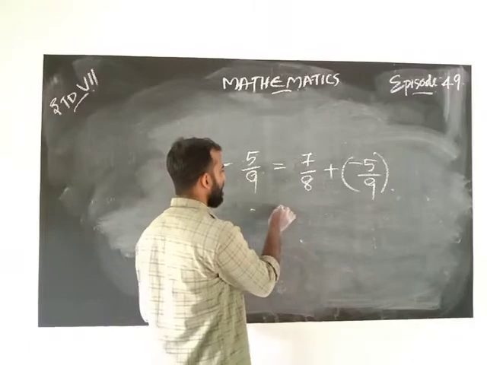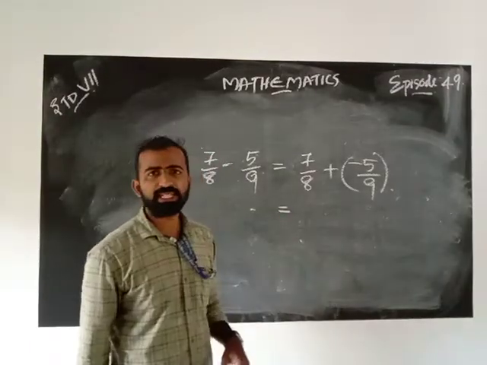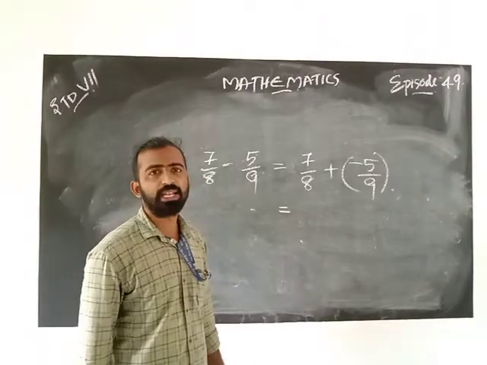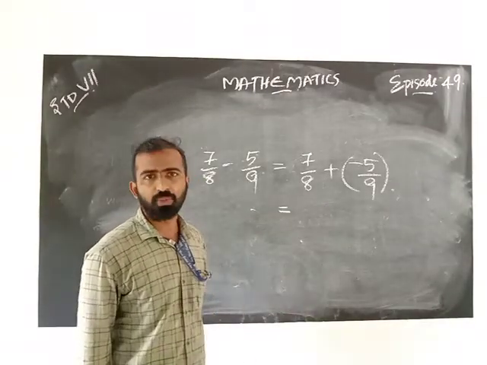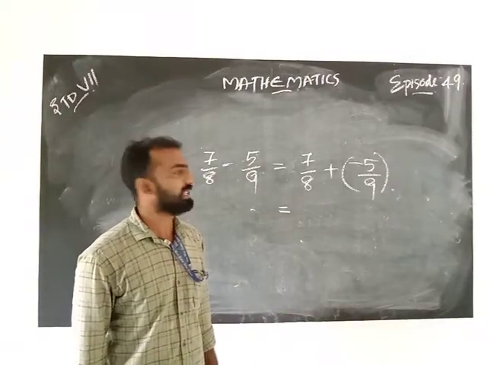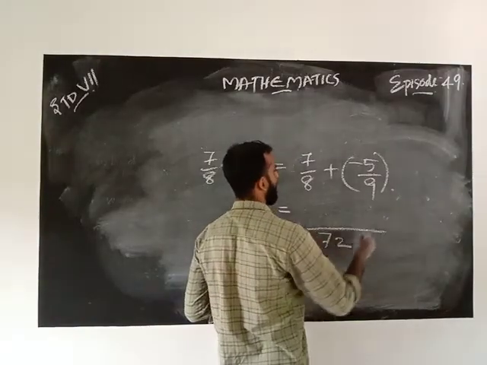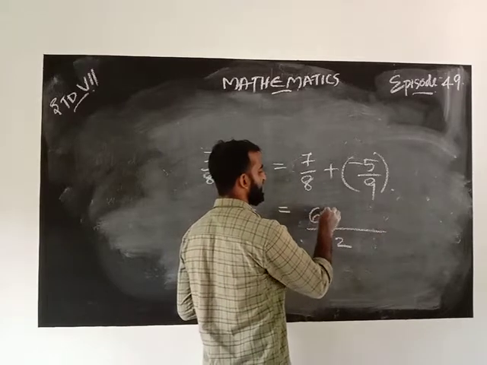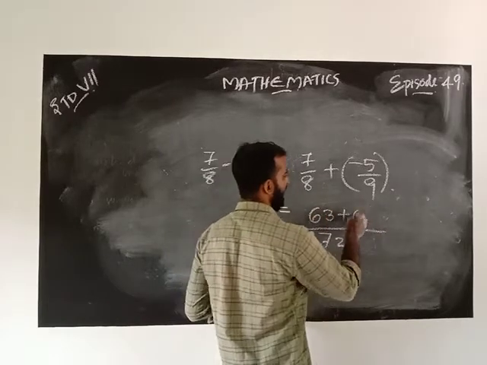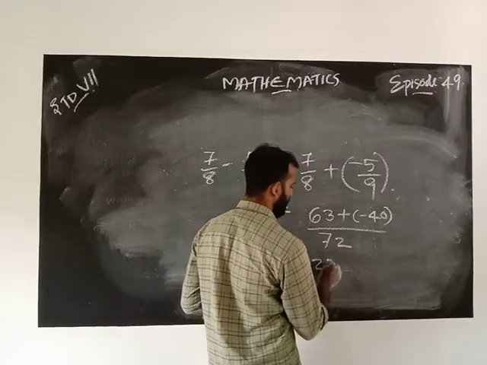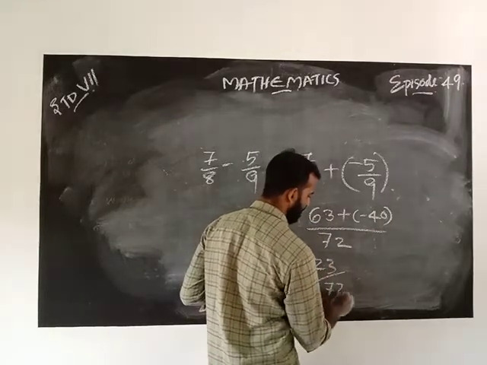Here, what is the LCM? 63 or 72. That is, 72 is the LCM. And we get 63 plus negative 40. That is, we get 23 by 72.